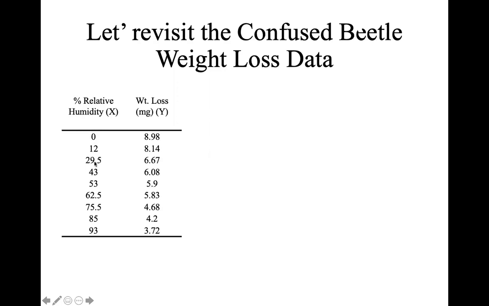This is the first rank, second rank, third rank, fourth rank, fifth, sixth, seventh, eighth, and ninth. So finding the rank of relative humidity is relatively easy. And as it turns out, finding the rank of weight loss is also relatively easy. 3.72 is the first, 4.2 is the second, third, fourth, fifth, sixth, seventh, eighth, and ninth.